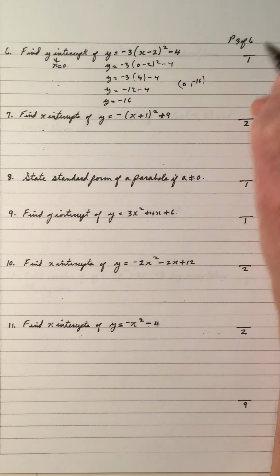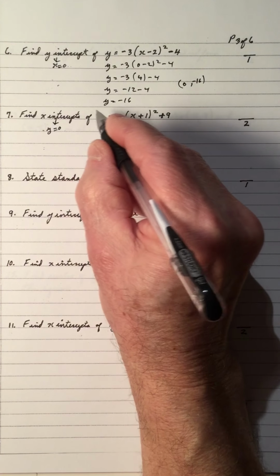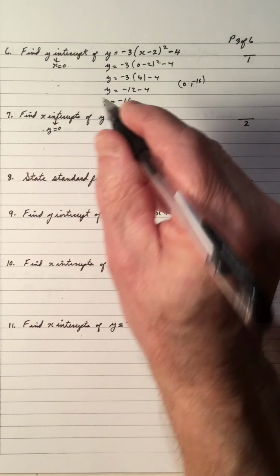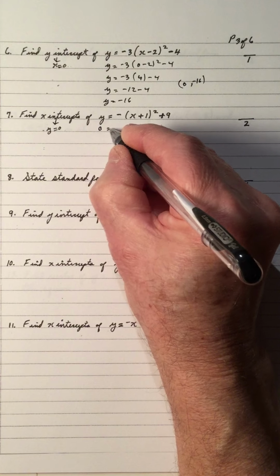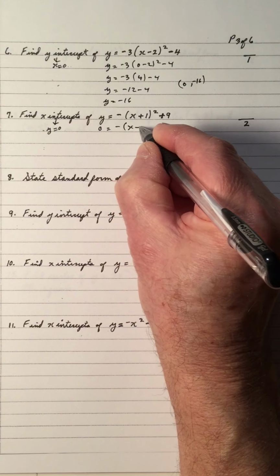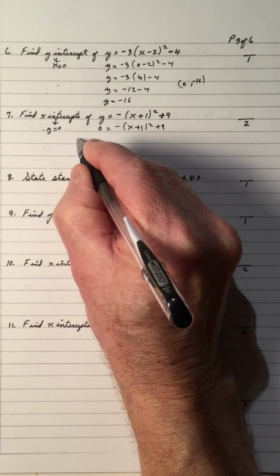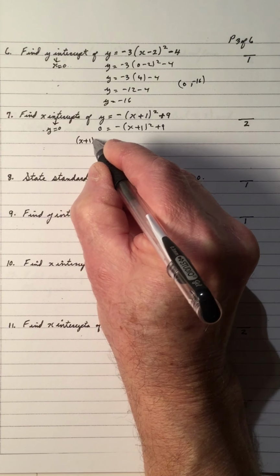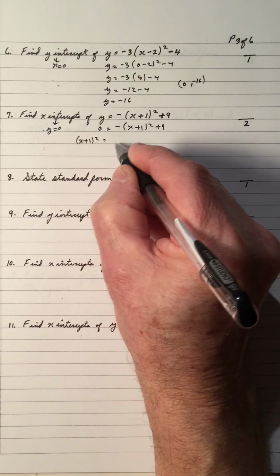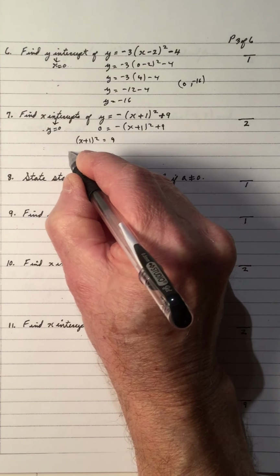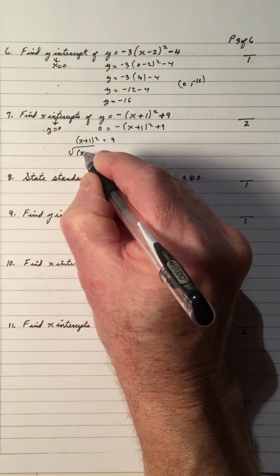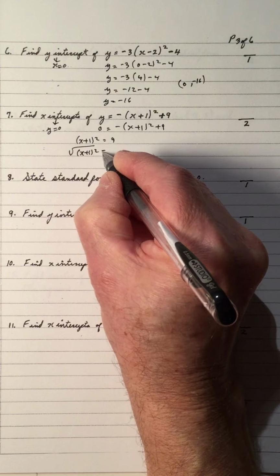The x-intercepts. The x-intercepts is always when y equals 0, because when it cuts the x-axis, the y-coordinate is 0. So it was 0 in the place of y. Done. We move the square over to make it x plus 1 squared. Minus becomes a plus. And then we do the square root of both sides by the square root property.